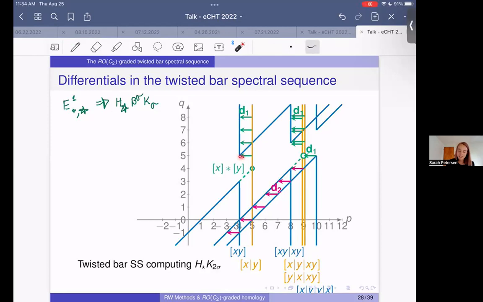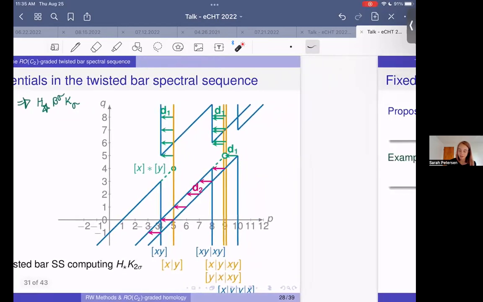There are d1 differentials and hidden extensions, and also d1 differentials which induce higher differentials. And as one goes further out in the spectral sequence, the behavior is much more complicated. And it's also difficult to show that the differentials do exactly what you would hope. So this is not the easiest method of computation.